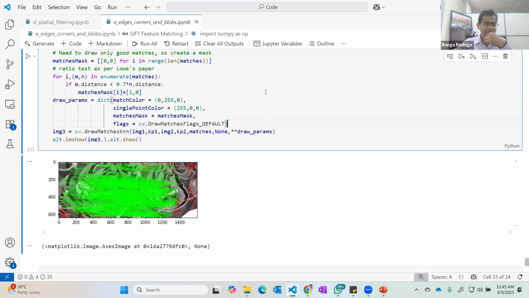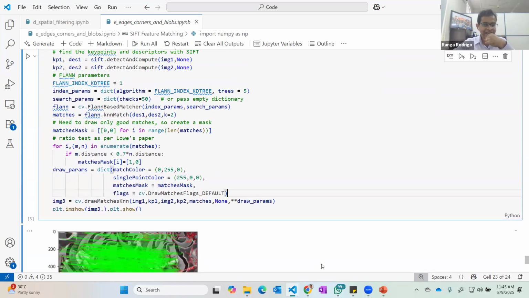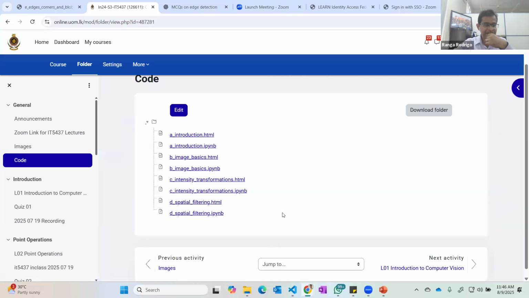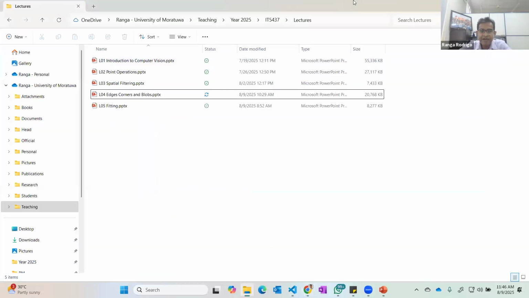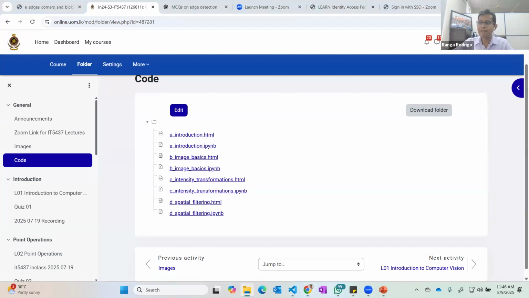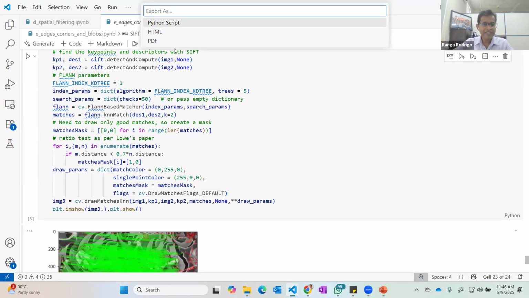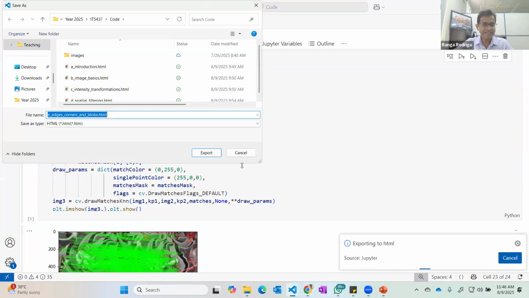I will have you look at this code a little bit. Once again, I have uploaded these code files here. You can see spatial filtering is there. Today's one I didn't upload, so I will upload that. It is corners and blobs. I want to upload the HTML version also so that you can easily see this.